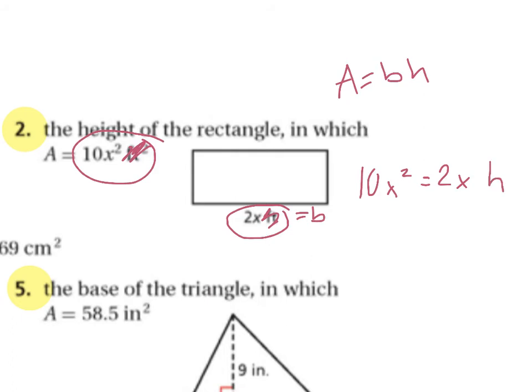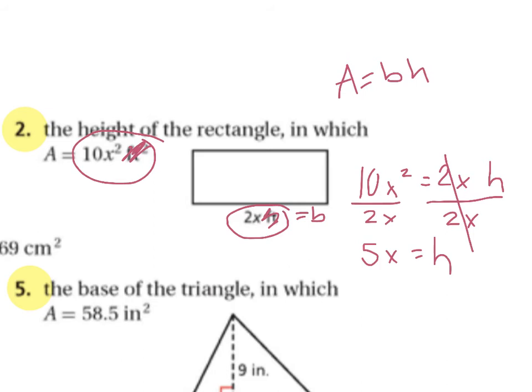So we want to get h equals, since we're trying to find the height, so we're going to divide this side by 2x and this side by 2x. Now we can divide the numbers, so 10 divided by 2 gives us 5, and then we have x squared divided by x, which just gives us x, and these are going to cancel out, so we have 5x is equal to h.